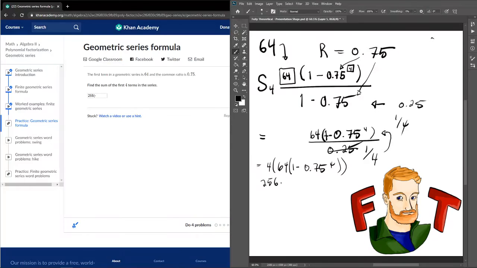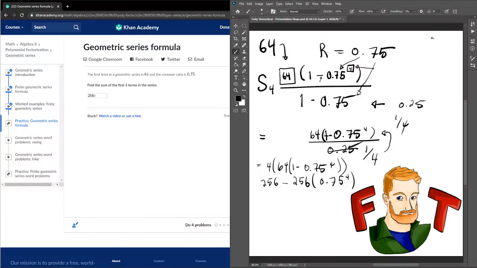So maybe what they're looking for is something like that. Here's another interesting thought. It's the fourth power, right? And there's a negative.